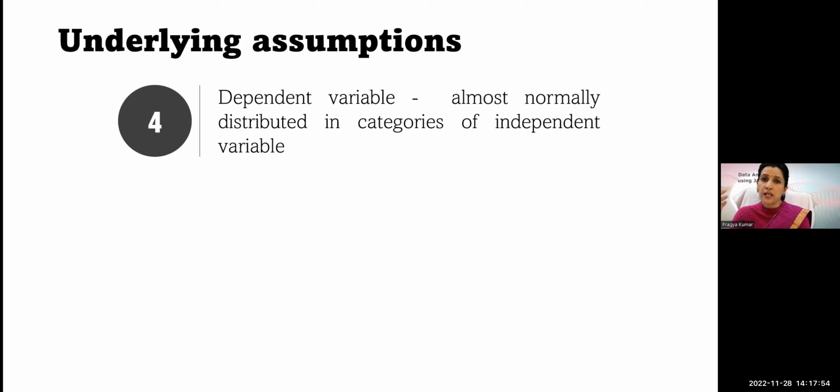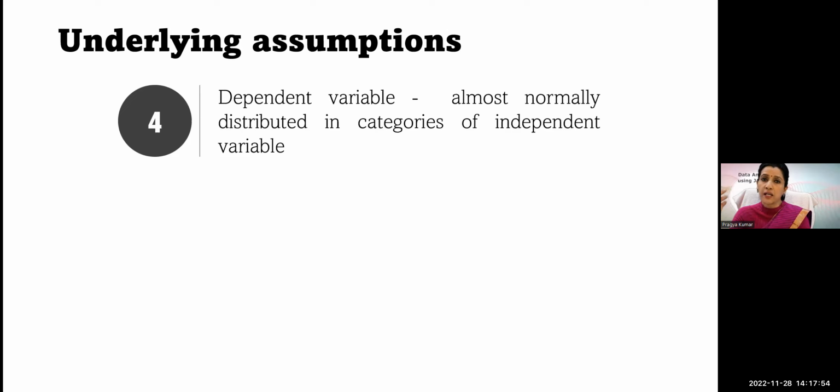So we talked about the homogeneity of variance in the independent sample t-test. What we talked about is that the samples which you are drawing from the population, all the populations should have the same variance. If that assumption is not met, then you will take the Welch ANOVA, like we used to take the Welch t-test. Similar concept is there.